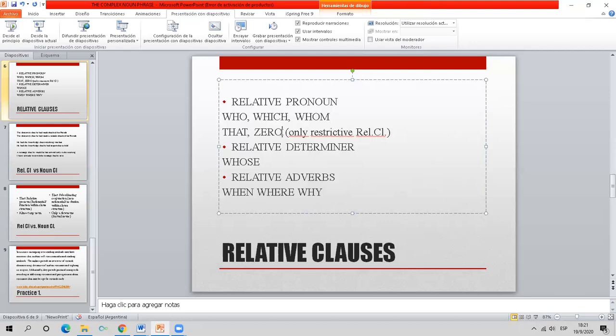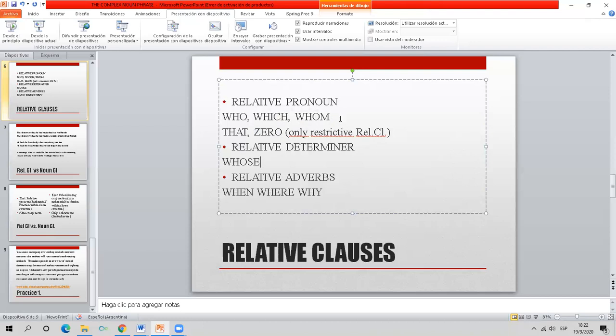When can we use the zero relative pronoun? Well, when that pronoun is not performing the function of subject within the relative clause. If you talk about the woman who visited me yesterday, you cannot omit that who, because who is the subject of the relative clause who visited me yesterday.